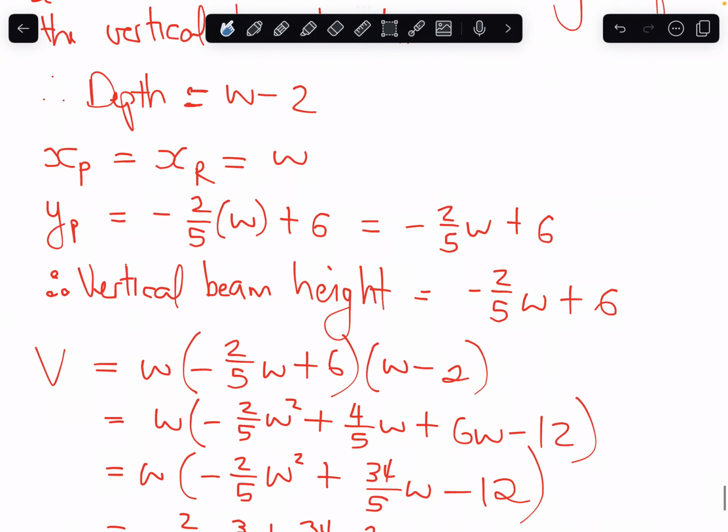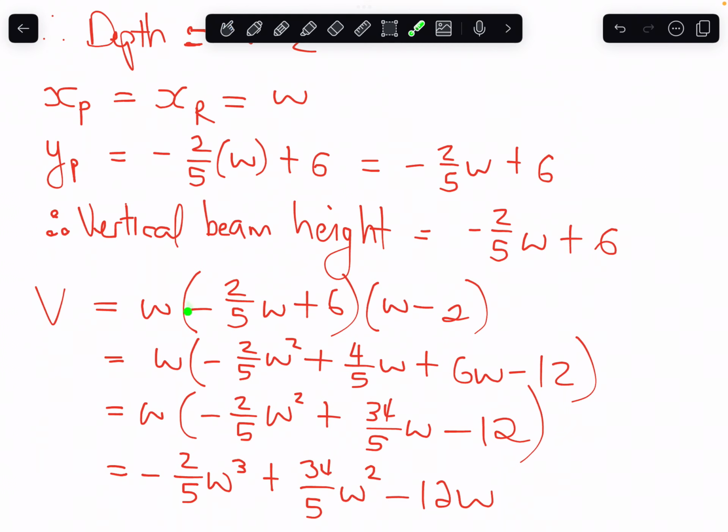Then to get the volume, we said w times that, yes. So this is negative 2/5 w squared, positive 4/5 w plus 6w minus 12. I stand by that. Then this and this together is the same as 30/5, so if I add them together, I end up with 34/5. Yes.